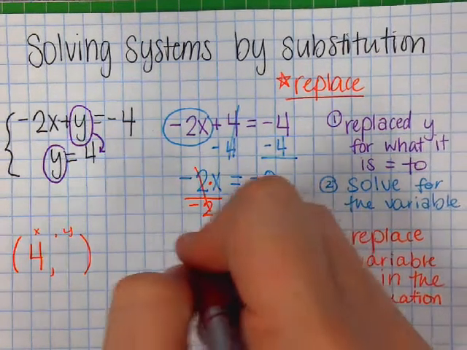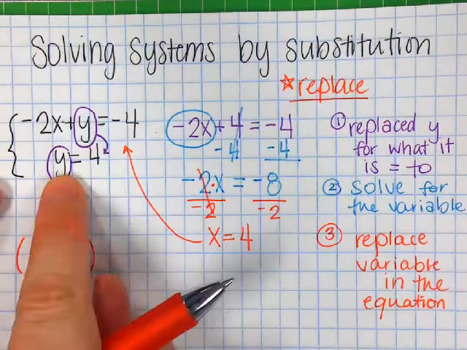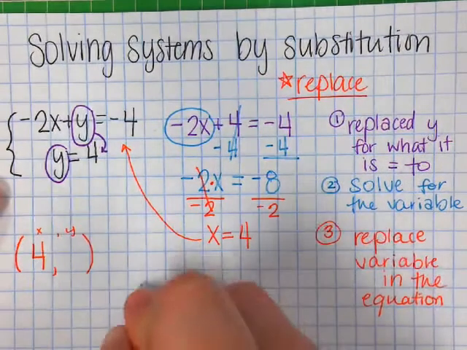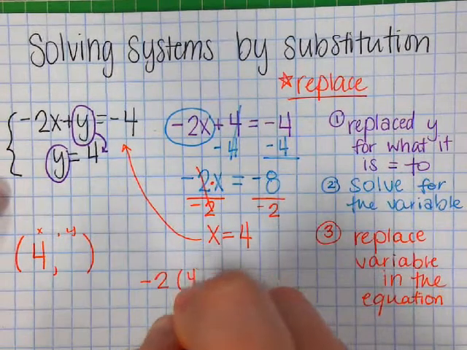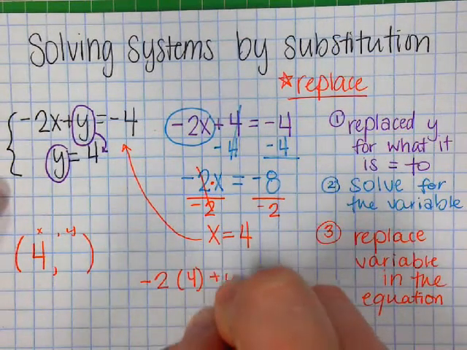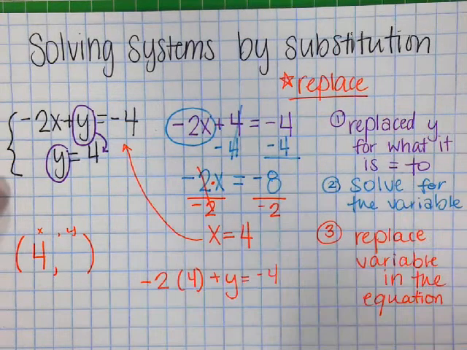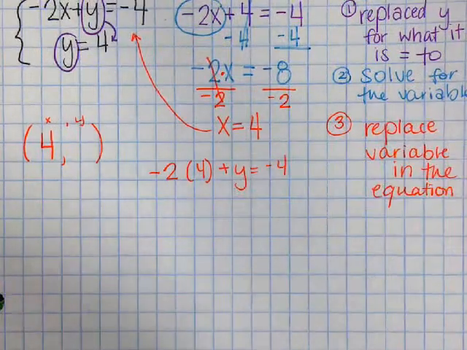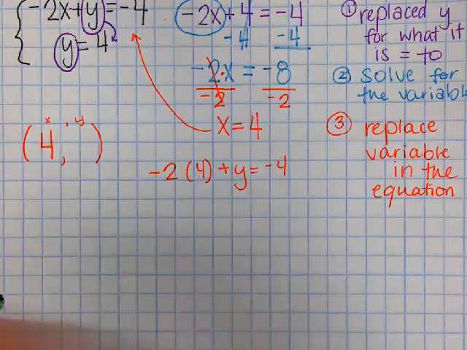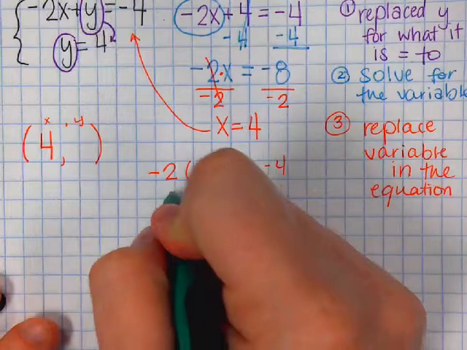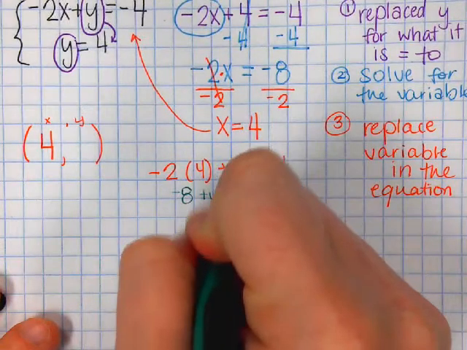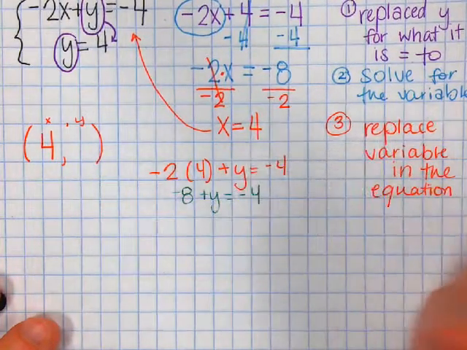So I'm going to go ahead and do that because you're going to have to do it on all of them except for these ones that are set up like this. So it'd be negative 2 times 4 plus y equals negative 4. And then negative 2 times 4 is negative 8 plus y equals negative 4.